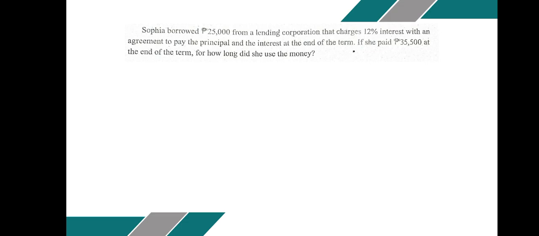Sophia borrowed 25,000 pesos from a lending corporation that charges 12% interest with an agreement to pay the principal and the interest at the end of the term. If she paid 35,500 at the end of the term, how long did she use the money? So, ayan. So, meron ditong mga information na given, no?